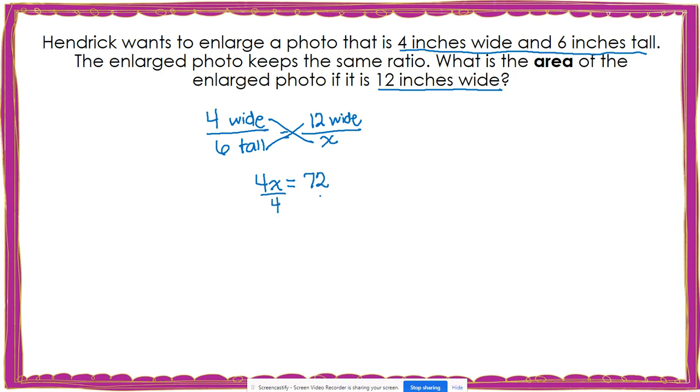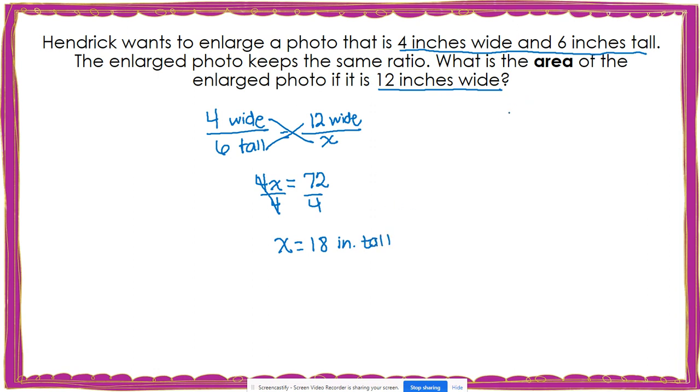And then I would divide by 4 on both sides of my equation. My 4's would cancel and leave me with x equals, and 72 divided by 4 is 18. So that means that this photo is 18 inches tall.